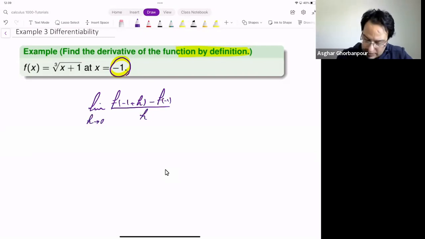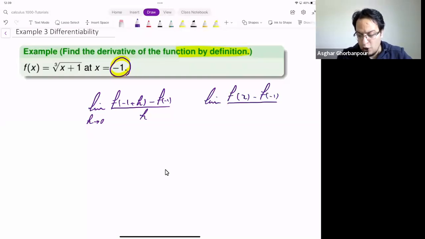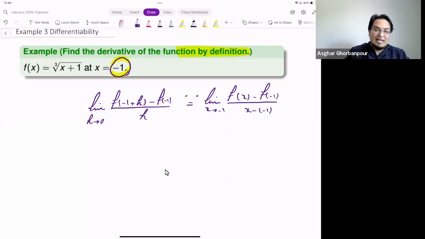One can also use the other format, which is f at x minus f at -1 over x minus -1 as x goes to -1. These two are going to be the same thing, but you will see that practically they may require different steps. And this is a very interesting example in different ways.